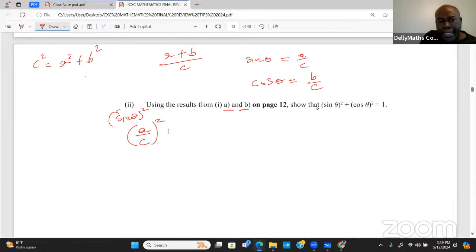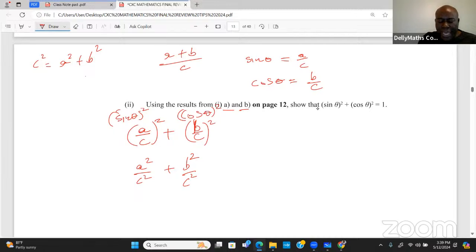Now I'm going to put beside it the cos theta squared. This is B over C, and I'm going to square that. So there it is that we set up. When you square this, what you're really getting is A squared over C squared plus B squared over C squared.